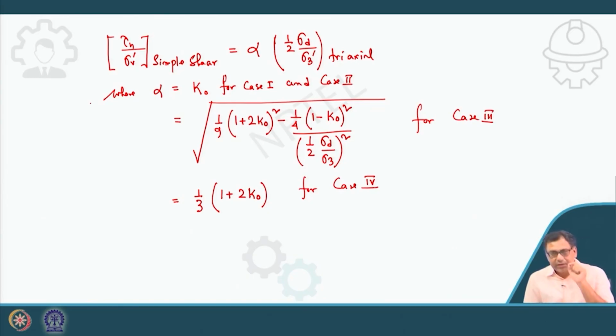That means the CSR of simple shear, or cyclic simple shear, is equal to alpha times CSR of triaxial, or cyclic triaxial.